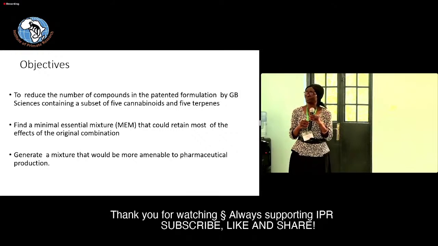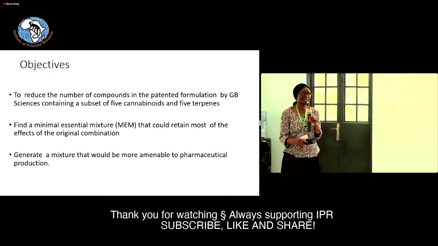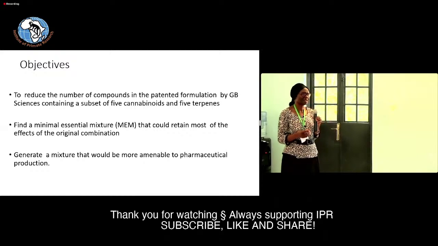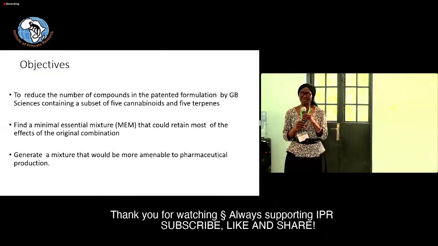Also, to have mixtures that are pharmaceutically friendly in terms of manufacture, dosage, quality, and stability. Okay? That was the aim of this study. Next.